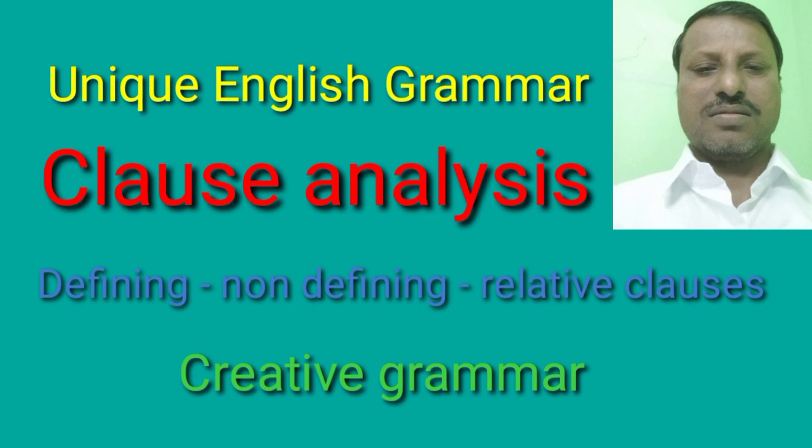The sentence expresses that I have an uncle, he lives in India, he is a lawyer. Here we understand that I have only one uncle, that uncle lives in India, that uncle is a lawyer.